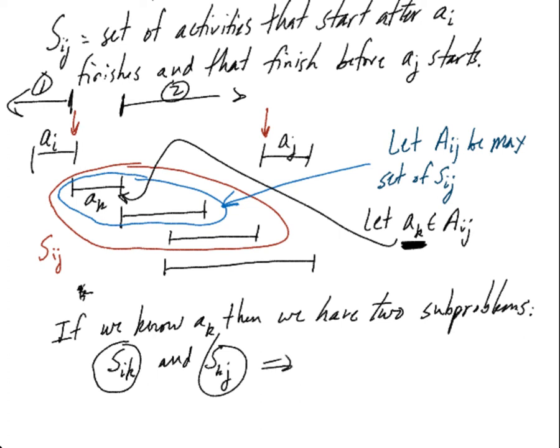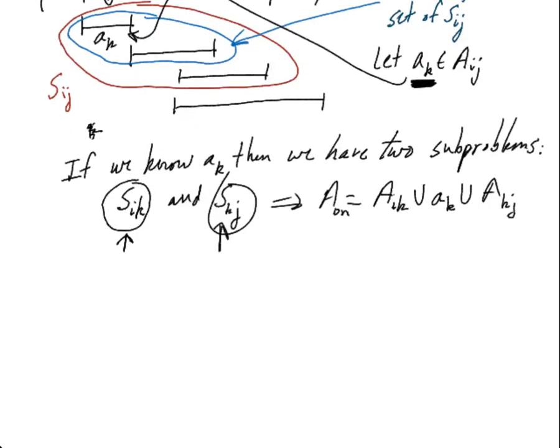Therefore, the final answer, the optimal set, A from 0 to n, is going to be A_ik, which is the answer to that subproblem, unioned with the kth activity, right there, unioned with the optimal solution to A_kj, right there, which is all of these.